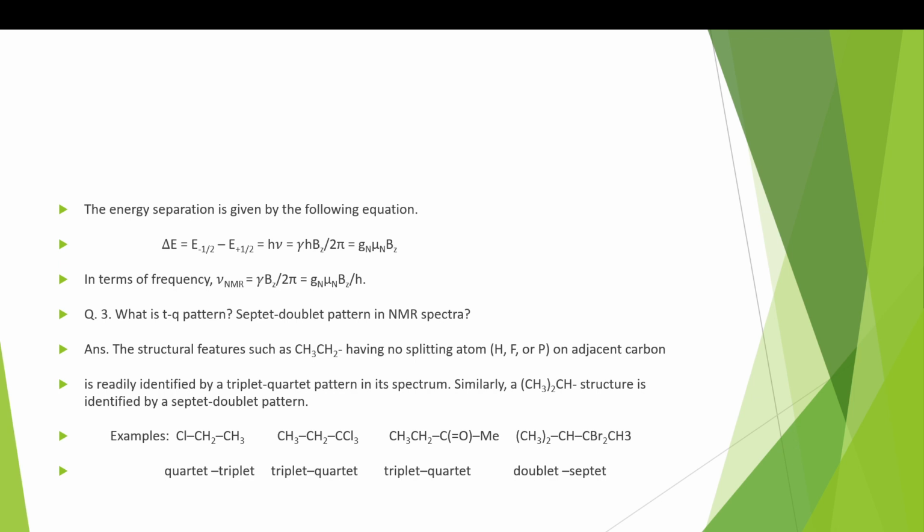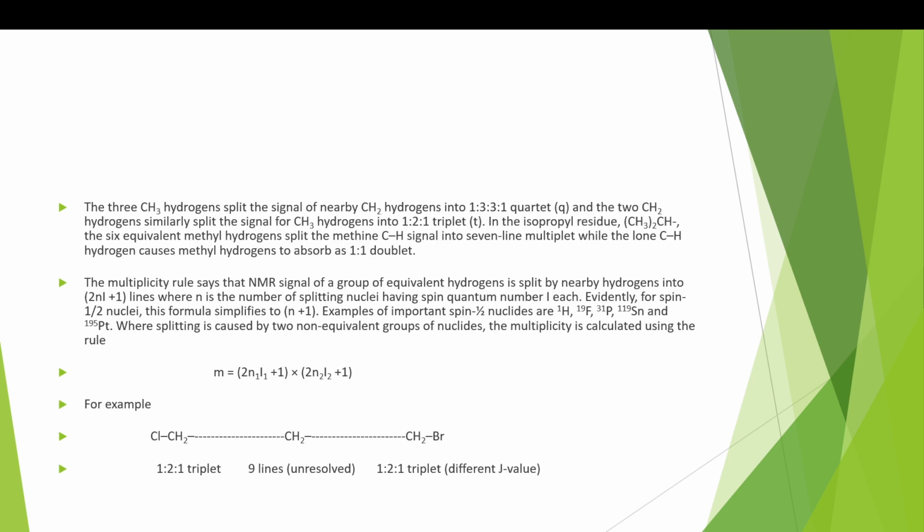The other question is regarding the triplet-quartet pattern and the doublet-septet pattern. The CH3-CH2 residue gives a triplet-quartet pattern, whereas the (CH3)2CH residue gives a doublet-septet pattern. Multiplicity of a peak is given by the n plus 1 rule, where spin half nuclei are involved.